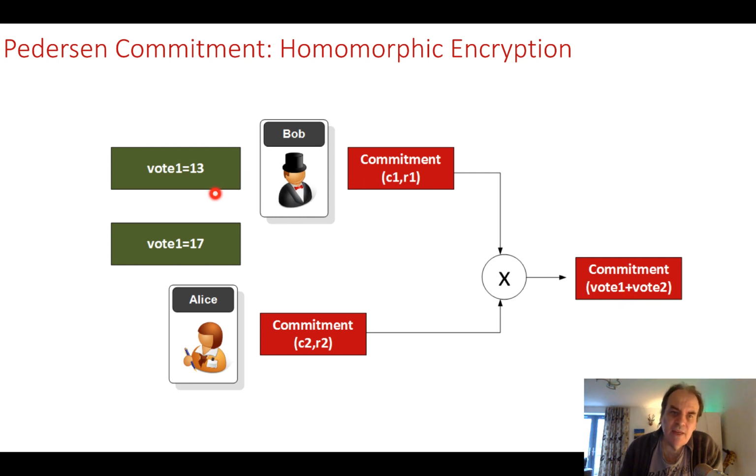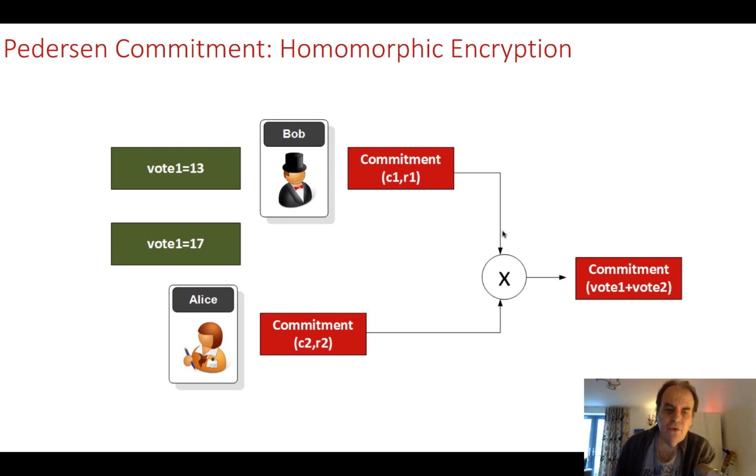So we might be able to take all the votes together and then take all the commitments together and then we can get a tally for all the votes. In this case it's 30, and then we can have a final commitment to 30 for all the votes, and we'll be able to post that as a commitment here.